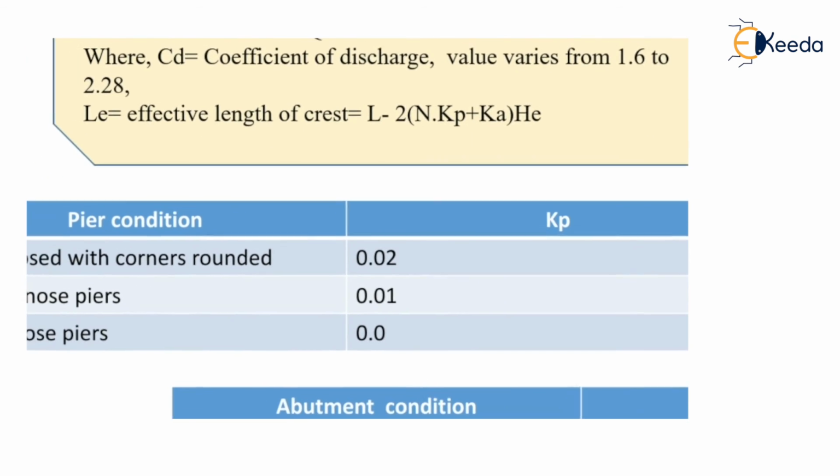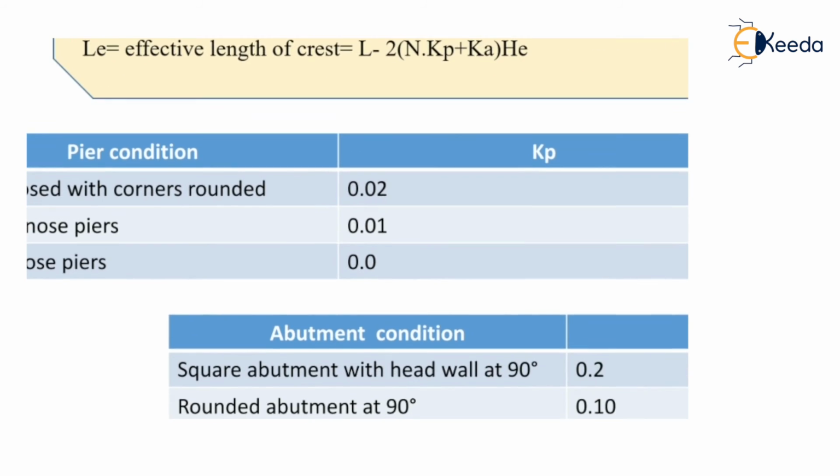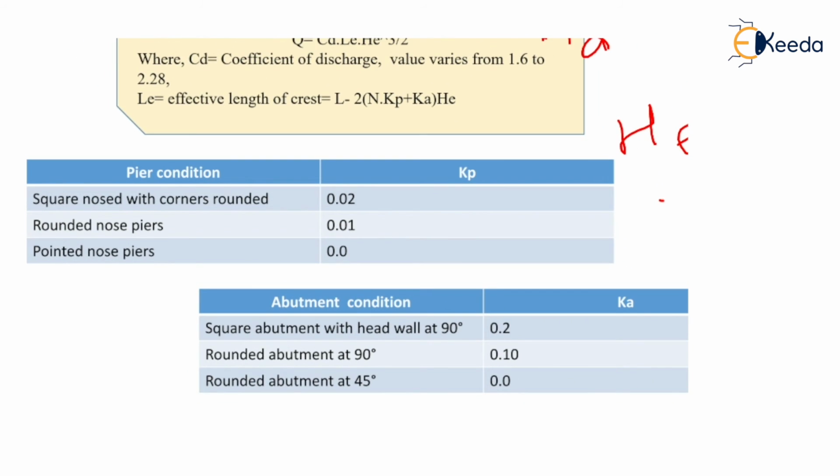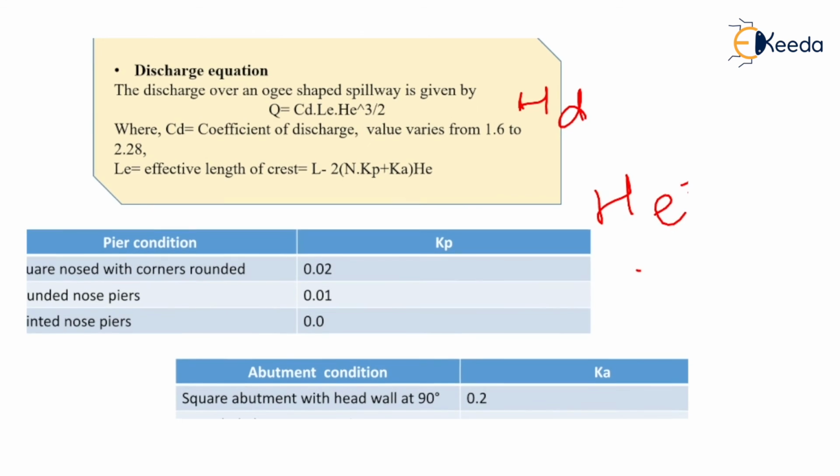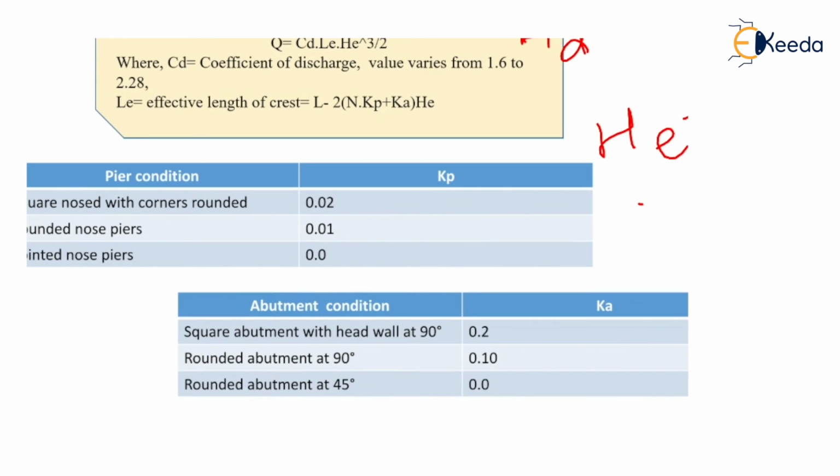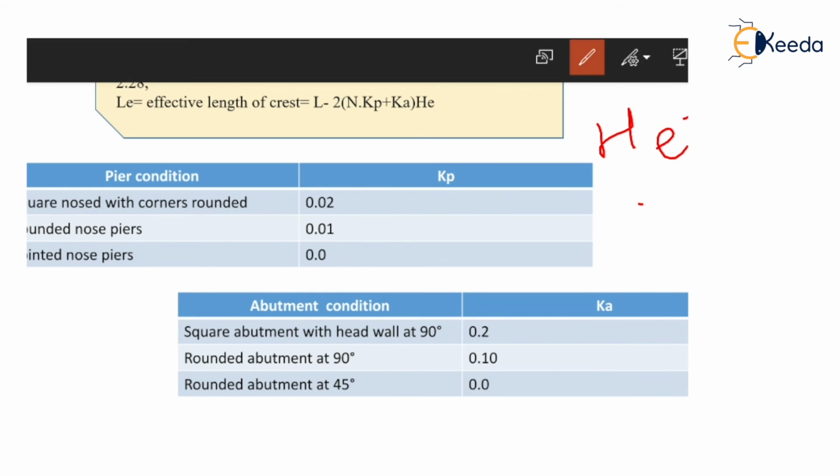So by adopting all these values, generally for the better discharge value, for maximizing the discharging capacity, we are adopting the Ogee, and Ogee has the S shape, the curve shape. So generally for this we are adopting the Kp value as a rounded one instead of square and pointed.